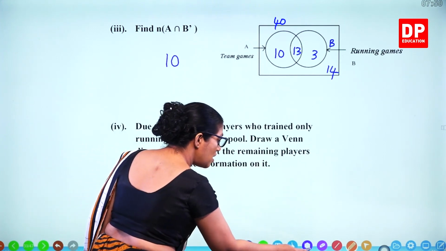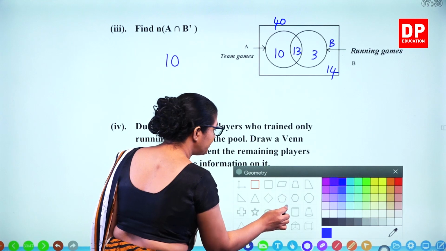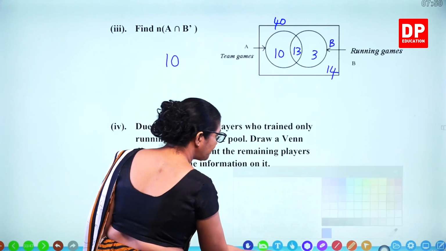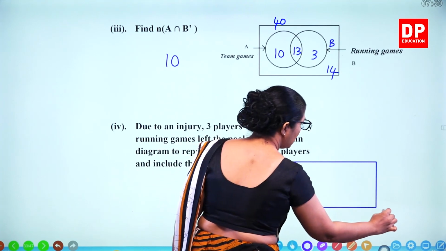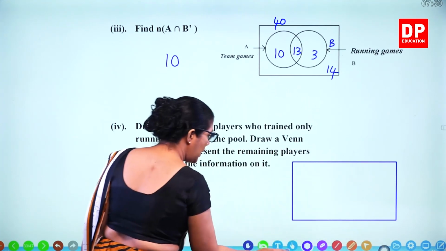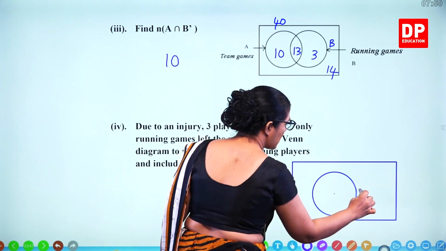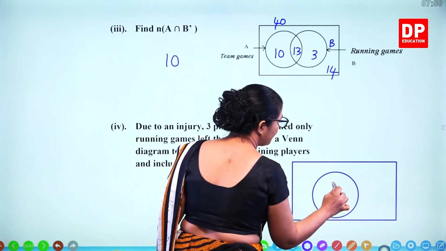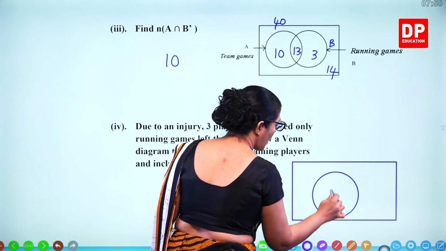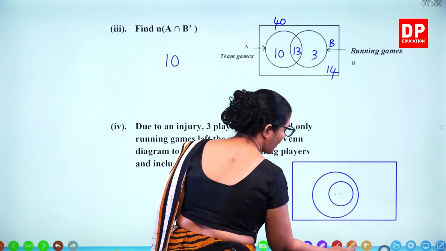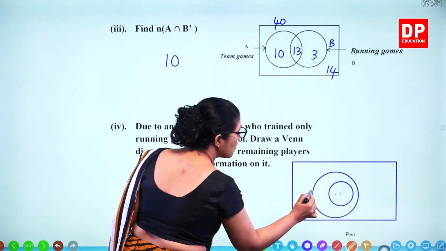Now we can draw again. We'll draw the rectangle first. And then we need 2 circles. One is big and one is small.